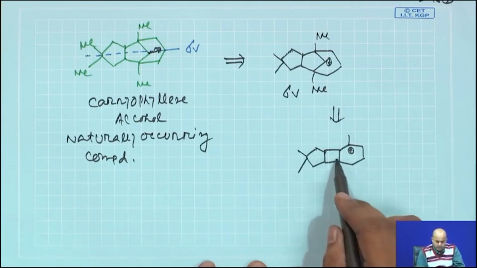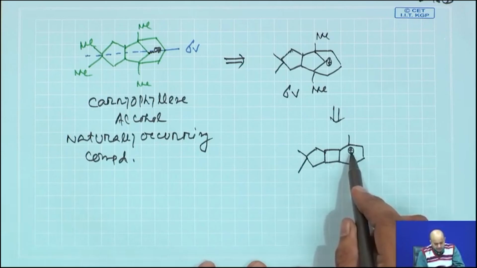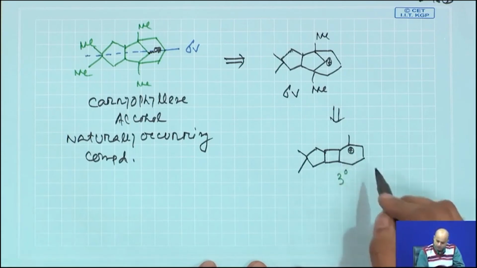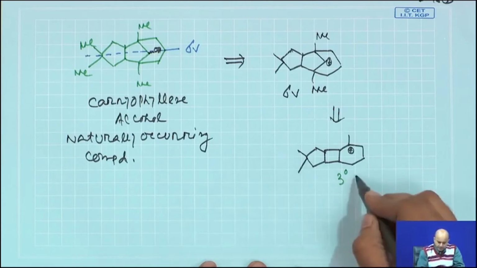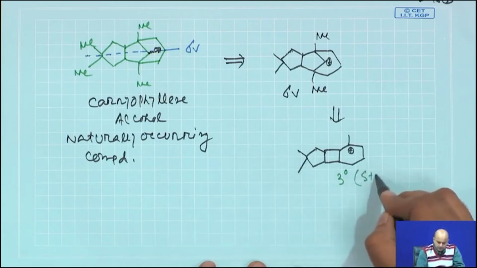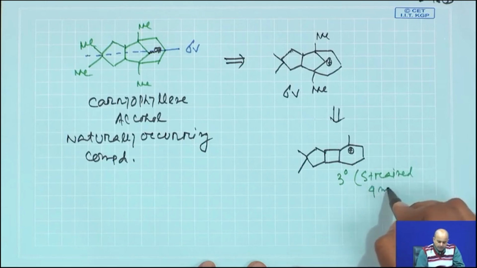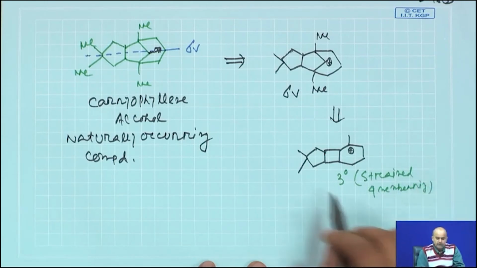Now, I say if you have this carbonium ion which is definitely a 3 degree, tertiary carbonium ion, in addition this also contains a strained 4-member ring. So, this is a very important point.